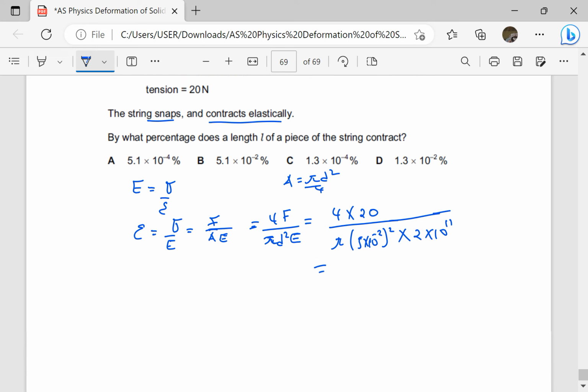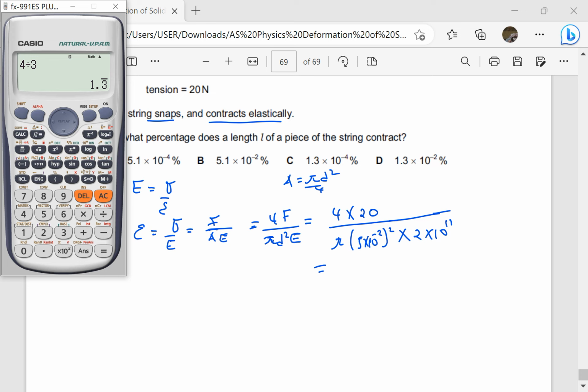So this is going to give us, I'll just multiply it by 100 to change it to percentage. So this is 4 times 20 divided by 2 exponent 11 divided by pi times 5 exponent negative 2, but this is squared. So I'm getting 2.05.